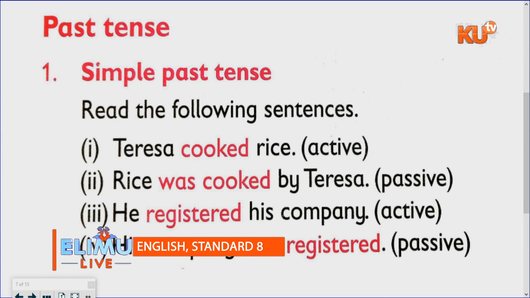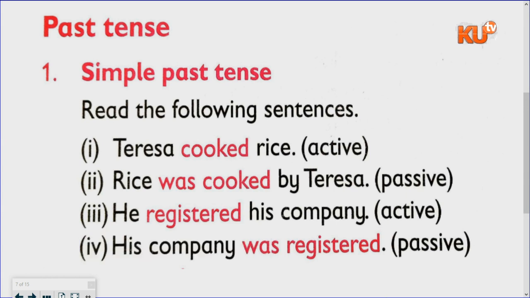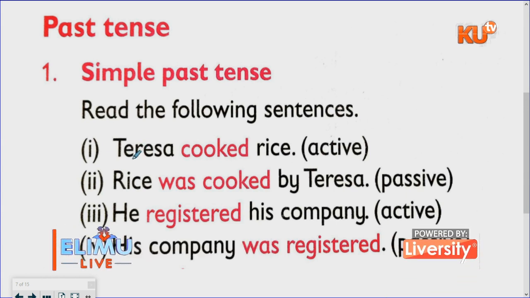In simple past tense, our first example is Teresa cooked rice. It is active. Teresa is the subject there, cooked is the verb, then rice is the object. It is good if you identify those.